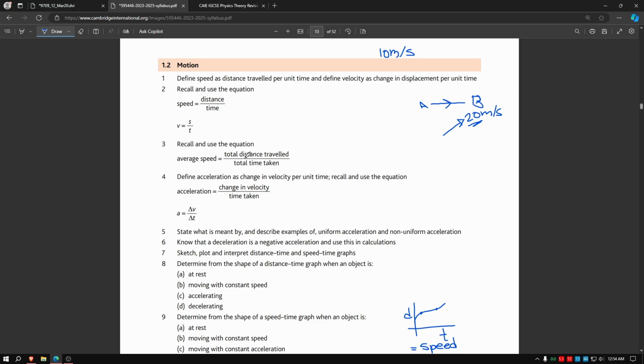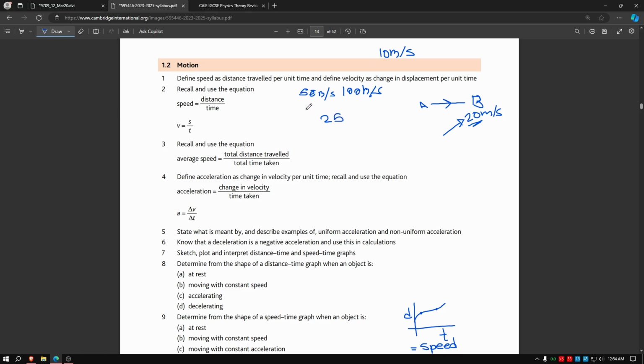Acceleration is the change in velocity, or the change in speed even, because they are interchangeable here. So it is the change in speed divided by the total time taken to change that speed. Let's say you're going from 50 to 100 meters per second, and it took you 25 seconds.